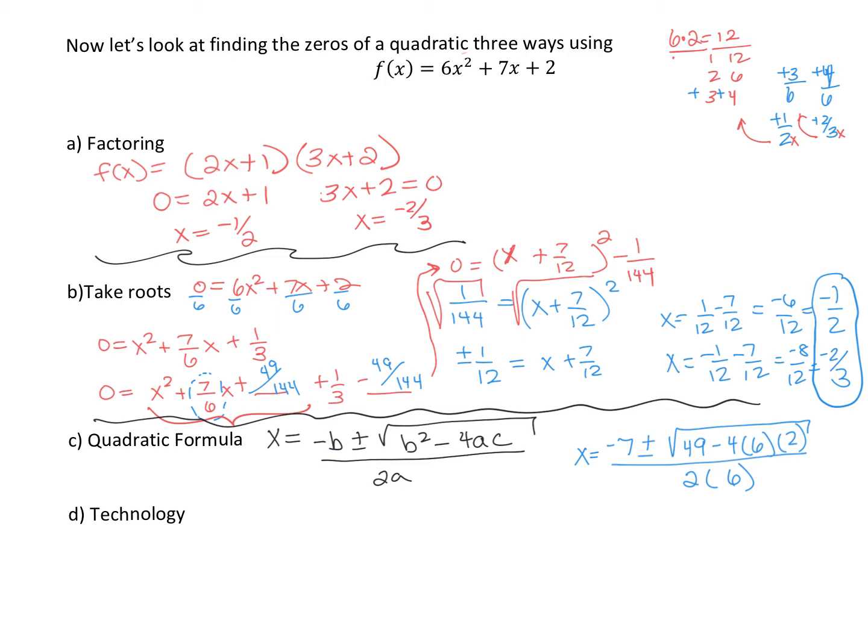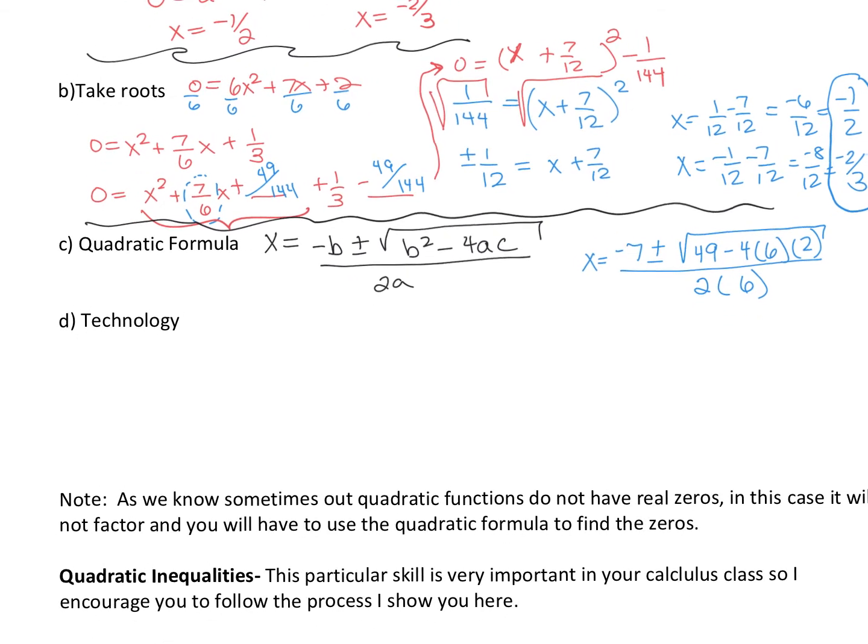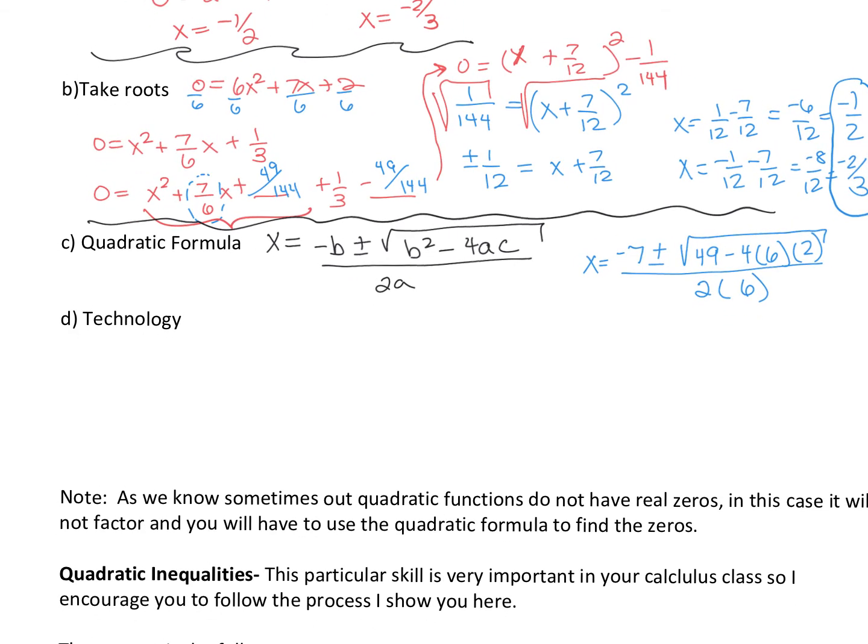The last way to find the zeros is to use technology. And to do that, what we do is we graph it. Again, using our calculator, we plug it in for y1: 6x squared plus 7x plus 2.